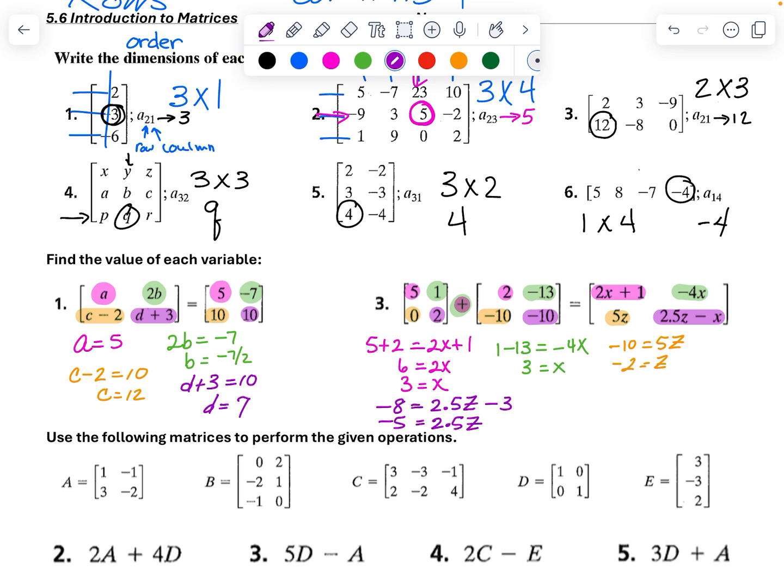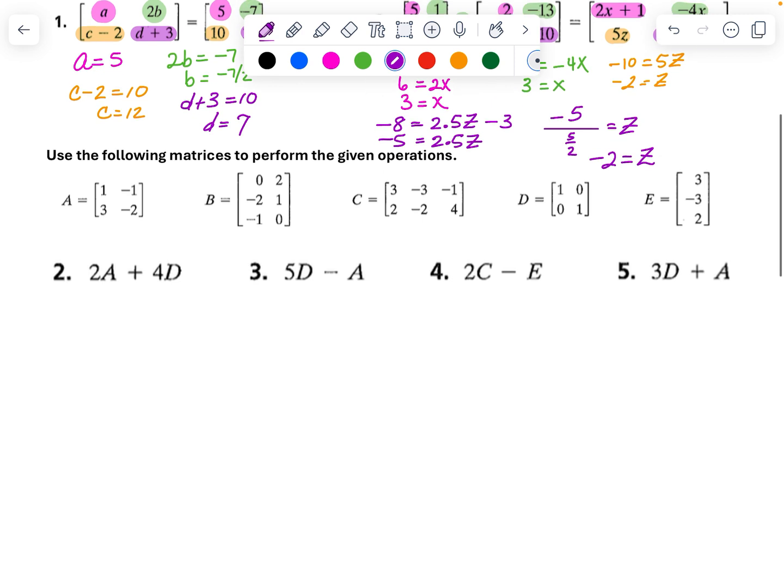So negative 5 divided by 2.5. 2.5 is 5 halves. Is equal to z. So I think z comes out to be negative 2. But I'm doing that without a calculator, so I could do that using my brain. All right.